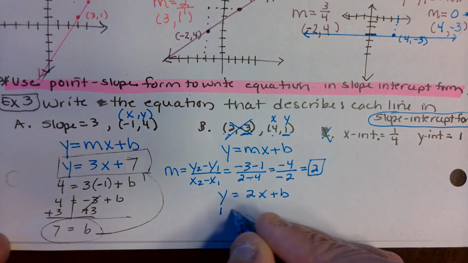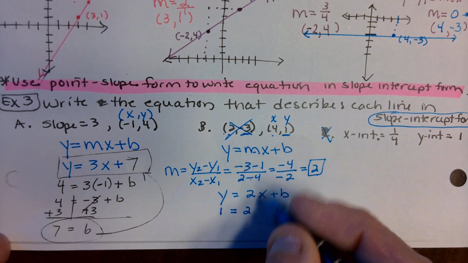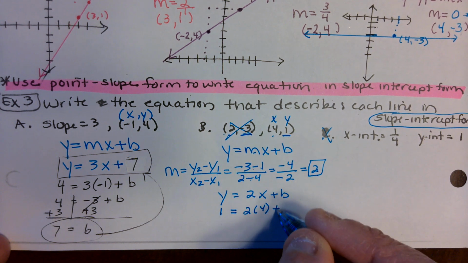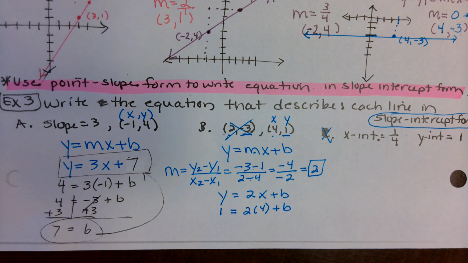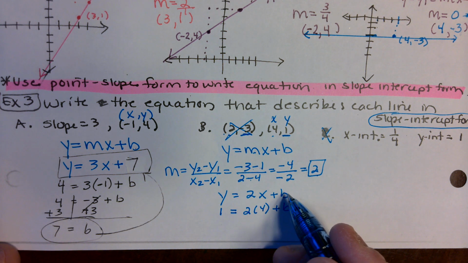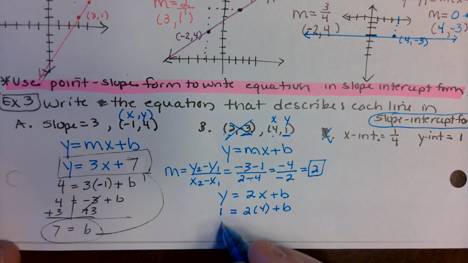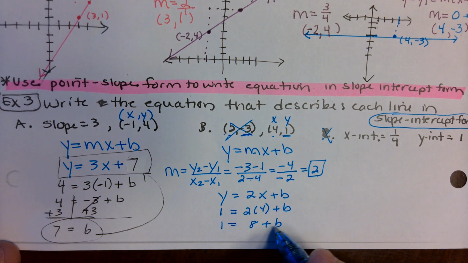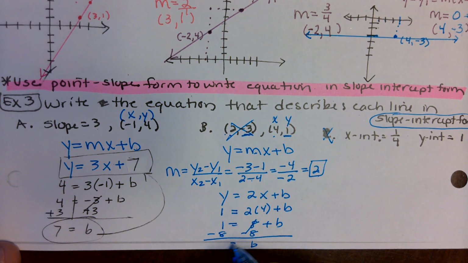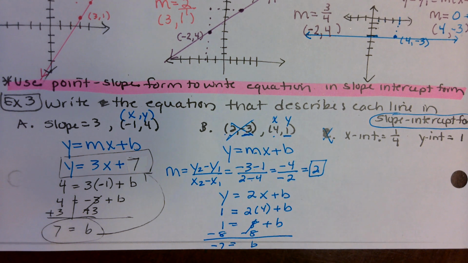So 1 equals 2 times the x, which is 4, plus b. So now we can figure out b and go back and put it in here. So 1 equals 8 plus b. And then I got b equals -7.